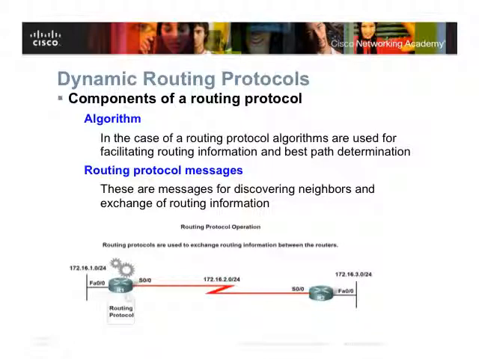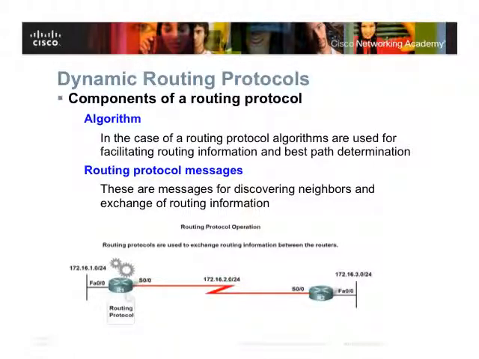These messages themselves include information about the topology of the network. So there is the message exchange part. In the message exchange part, there are some messages that get exchanged between the routers. This message consists of some information related to the topology.